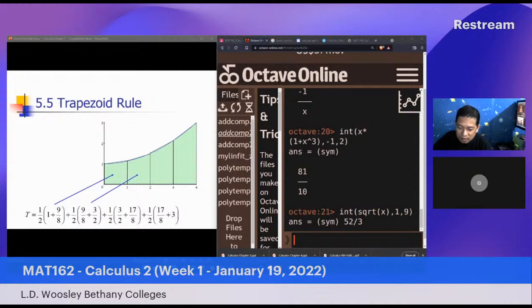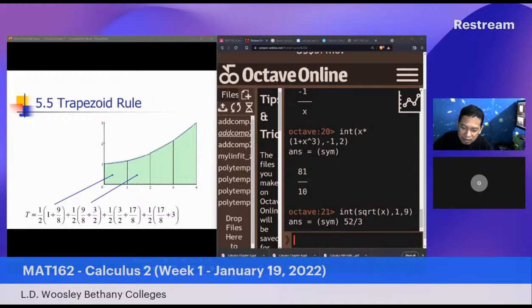Okay, you start with reading 5.5, integration by substitution. Next, since we covered area, Riemann sum, and the fundamental theorem of calculus, all were covered by this slide. But for reinforcement purposes, you can still read those. Our topic this Friday will be 5.5, integration by substitution. Okay?